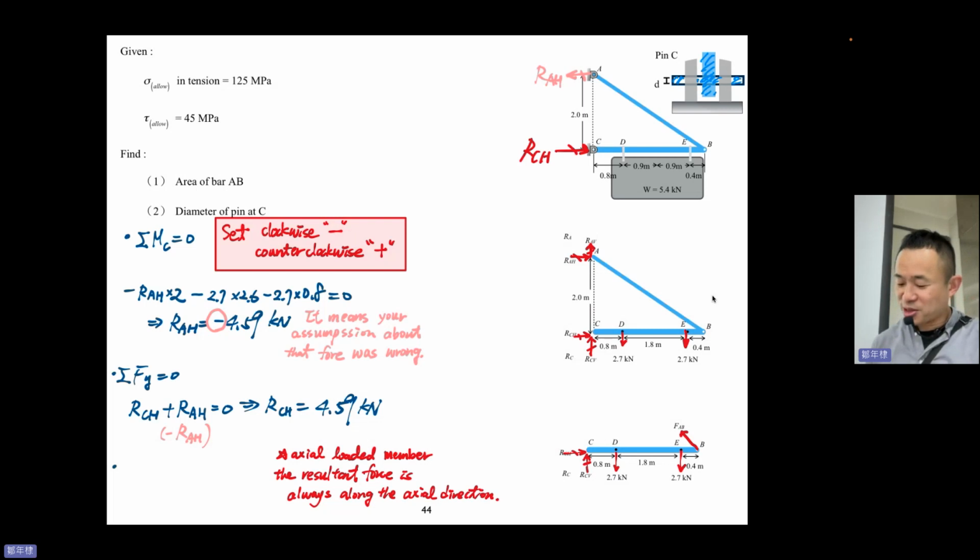What does that mean? It sounds like a useless sentence. 像个废话一样. But let me show you. Okay, so axially loaded member.